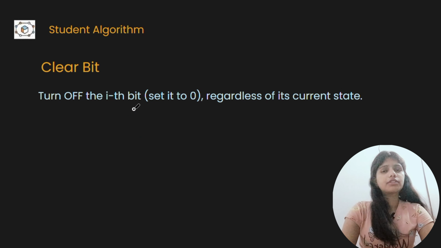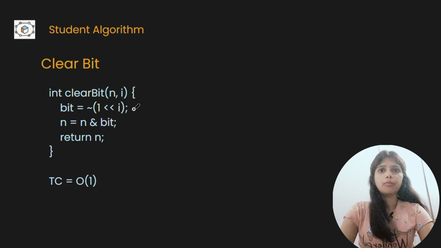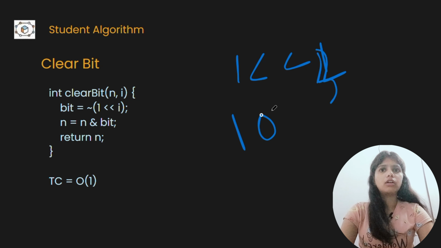Alright, so now let's look into the code. In this clear bit, we just shift 1 to the left at the ith position. Let's consider 2 over here. Let's consider first 3. So 1 0 1, we have 1 over here, and what we are performing next is very crucial. We need to perform the negation over here, like we have 1 0 1, right?